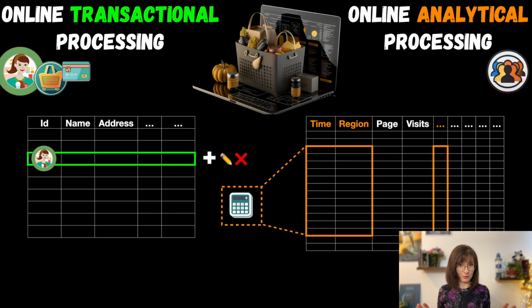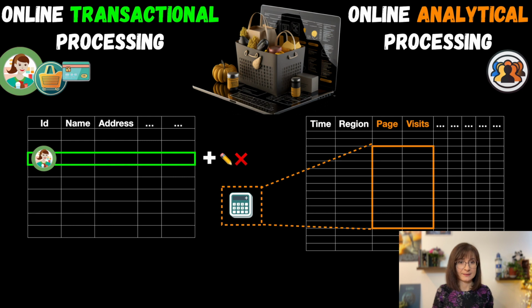And what is important is that usually only a fraction of the fields that we store is necessary to perform those aggregations and computations. If we are interested in aggregating data by region, then we need a region column. Otherwise, why even read it?